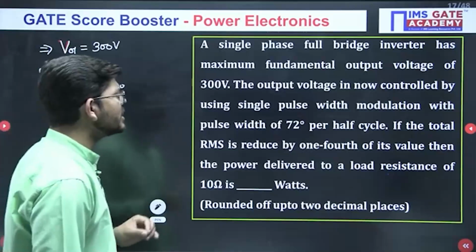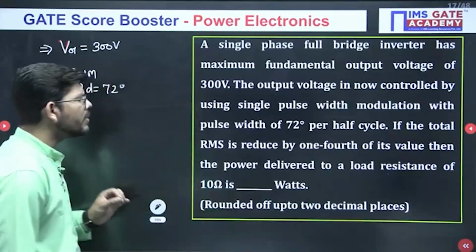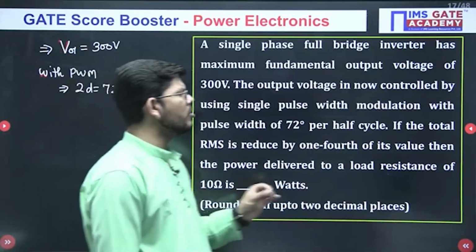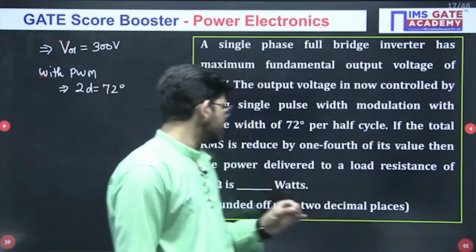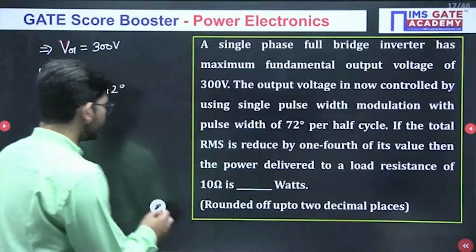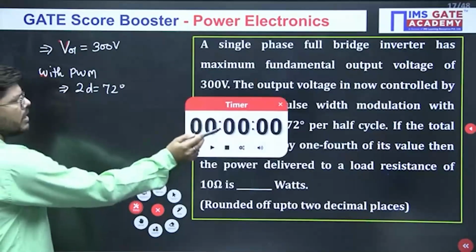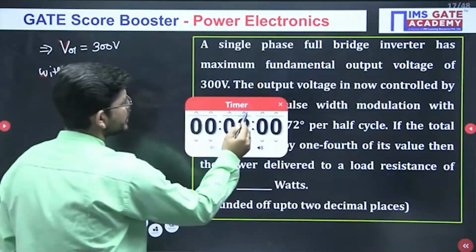If the total RMS is reduced by 1/4 of its value, then what will be the power delivered to a load resistance of 10 ohm? I leave it up to you. Let me give you some time and see whether you can solve this question as well.